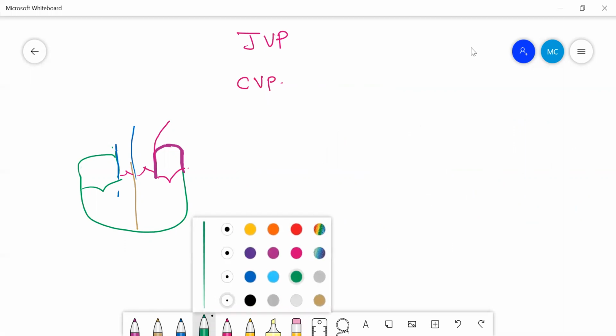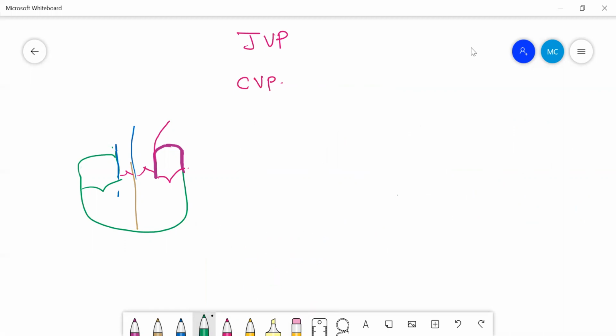Talking about the different waveforms of the JVP, remember there are mainly 3 positive waves and 2 negative waves in the normal jugular venous pulse. It is like this. First positive waveform is the A wave. Then next is the C wave, followed by a negative wave, that is your X wave or the X descent.